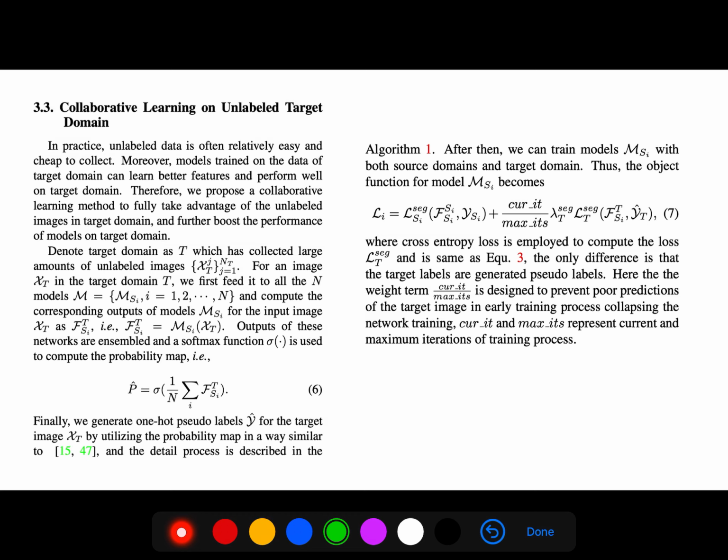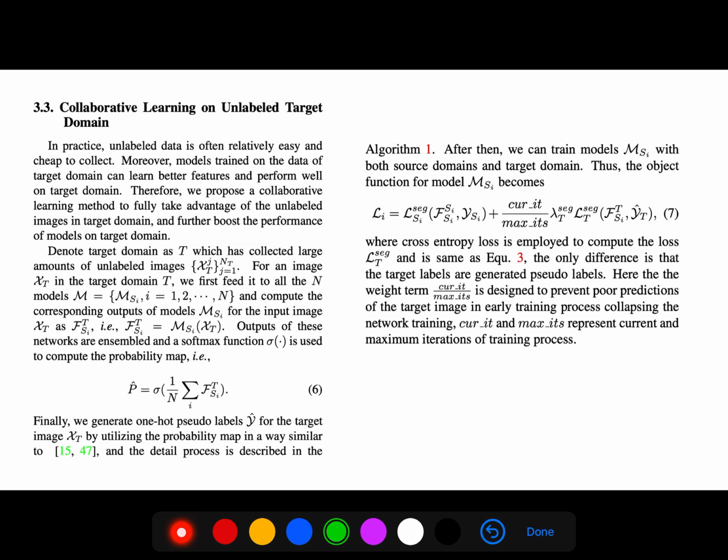Denote target domain as T, which has collected large amounts of unlabeled images. For an image X sub T in the target domain, we first feed it to all of n models and compute the corresponding outputs of models for the input image.